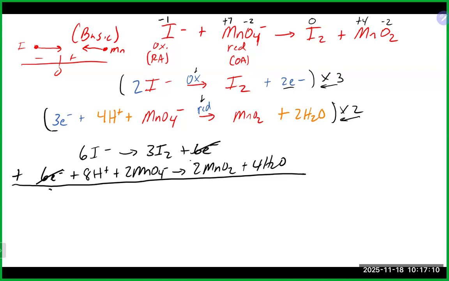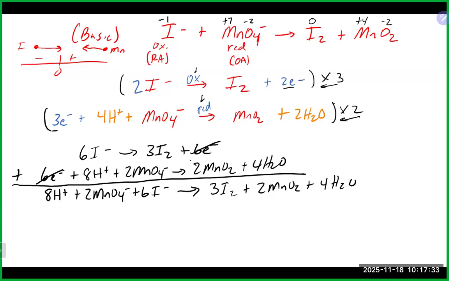So remember that everybody on the left stays on the left of the arrow and everybody on the right stays on the right. So we'll end up with something like this: 8 H pluses plus 2 MnO4 minuses plus 6 I minuses goes to 3 I2s plus 2 MnO2 plus 4 waters.